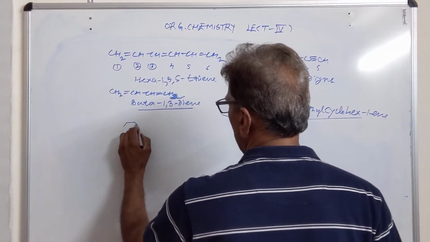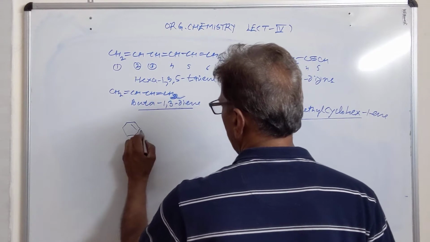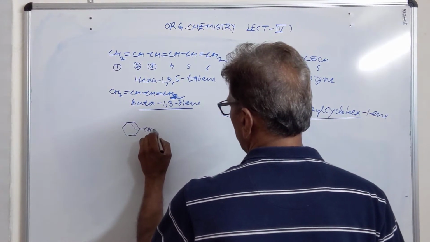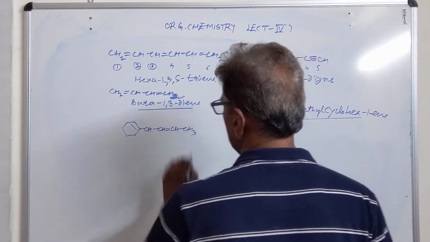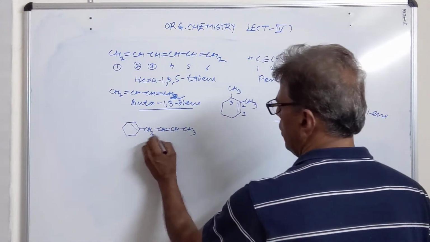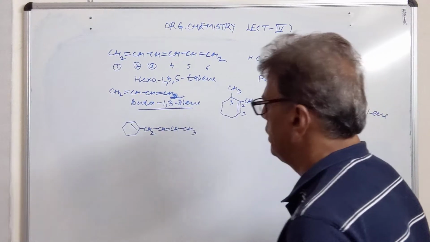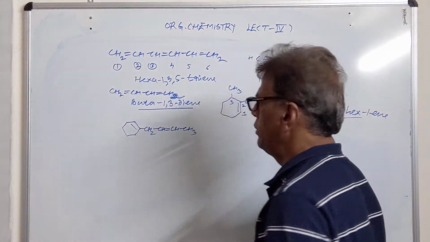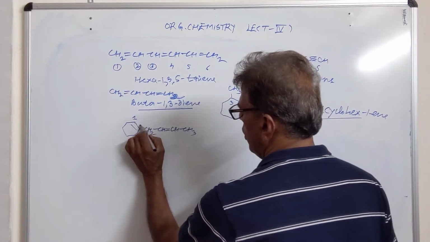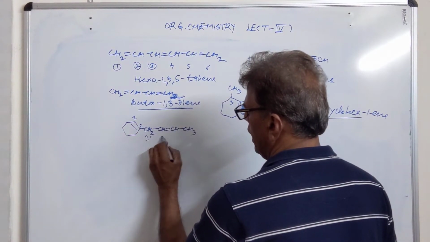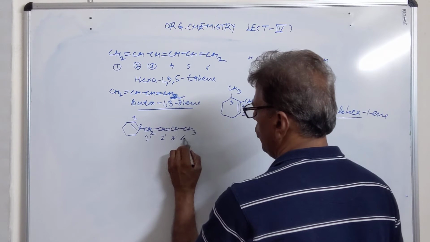Sometimes we are having a cycle having a double bond. Along with that, we have an aliphatic chain which is also having a double bond here. Now how to name this? Then numbering should be started from the double bond, 1, 2. This is 1', 2', 3', 4'.